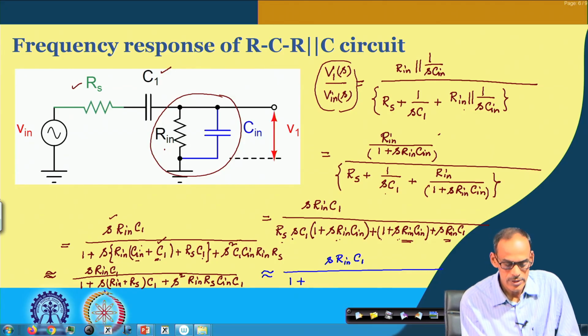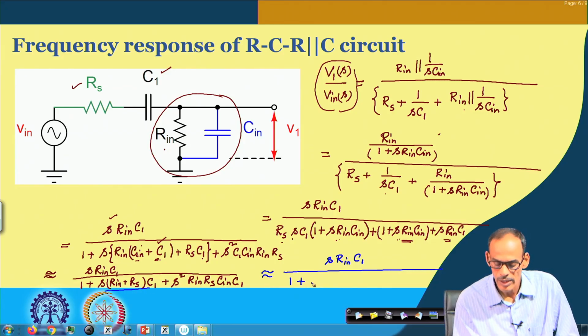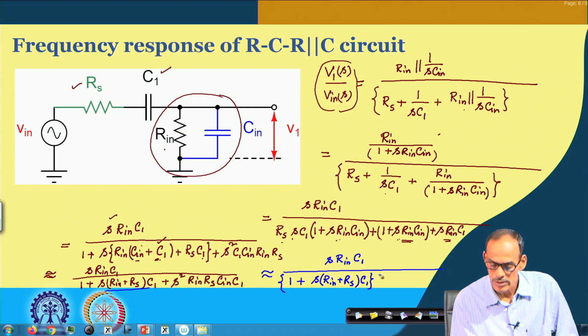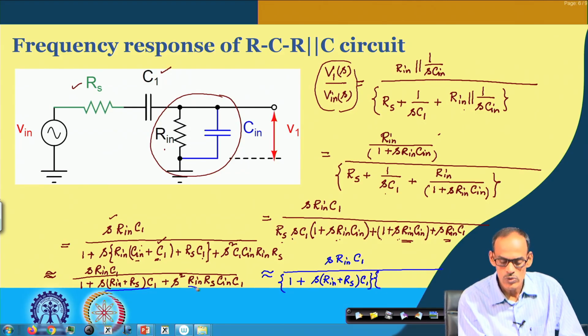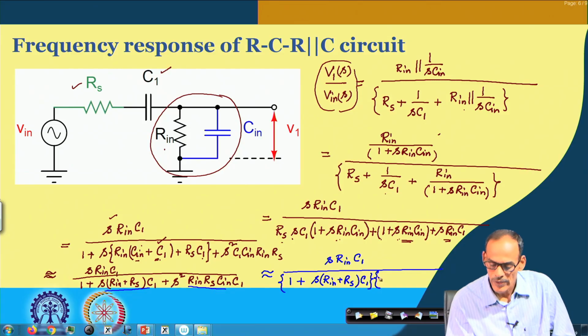One factor is coming from here, namely 1 plus S into R in plus R S into C 1. So, this is the first factor, and then the second factor should be such that the coefficient of A square should match. In fact, it can be shown that the second factor will be 1 plus S.